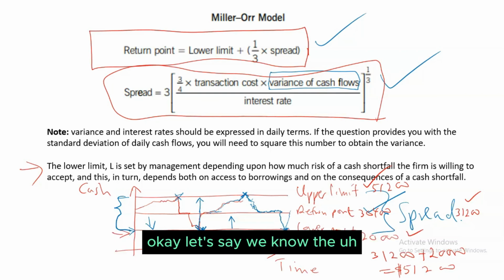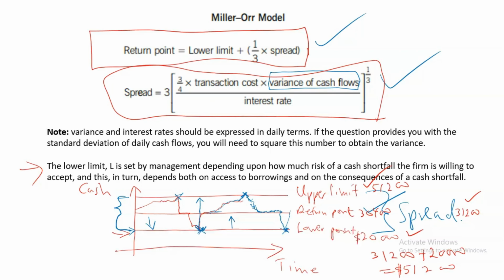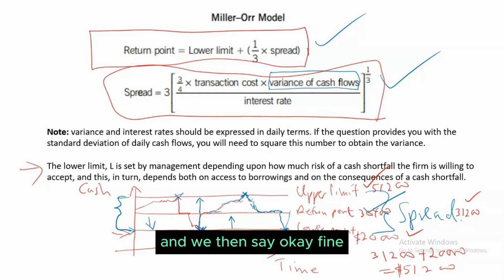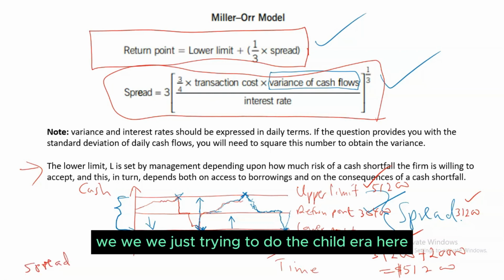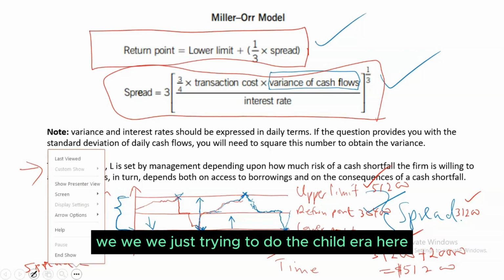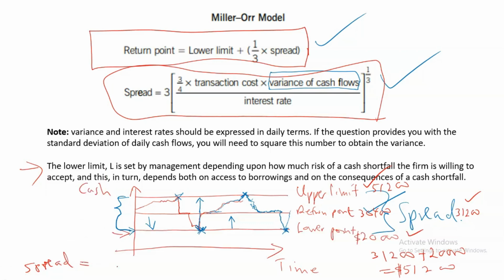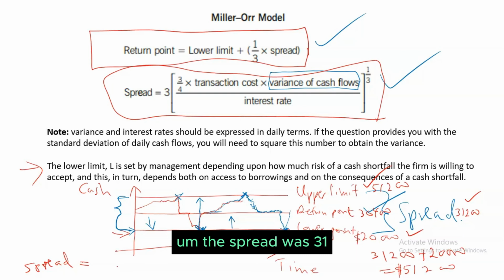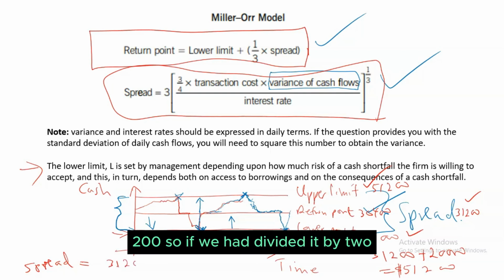Okay, let's say we know the lower point and the upper limit, and we then say, okay, fine, the spread was, we're just trying to do the trial and error here. The spread was 31,200.